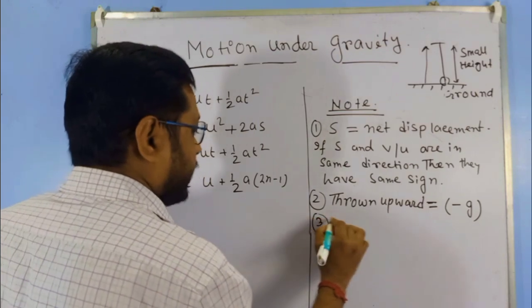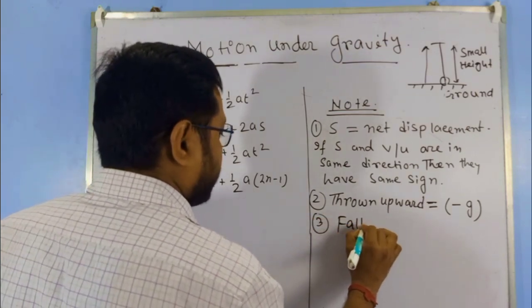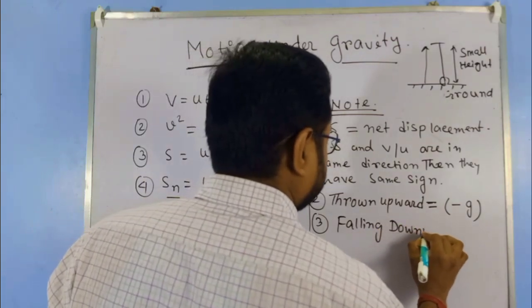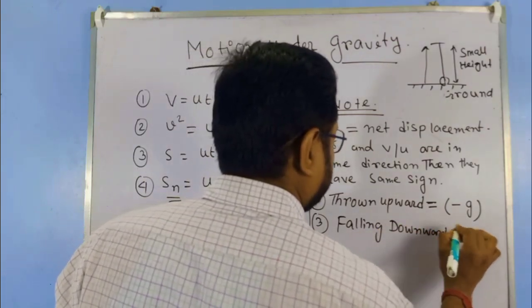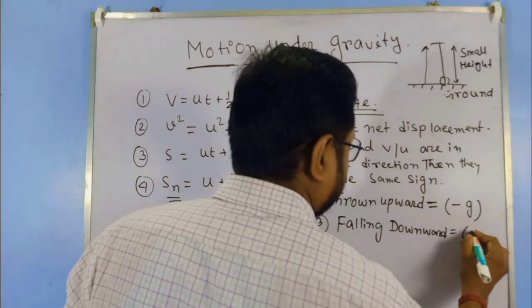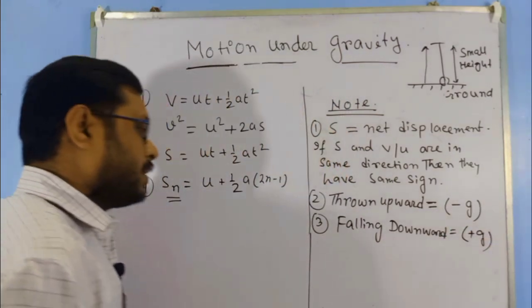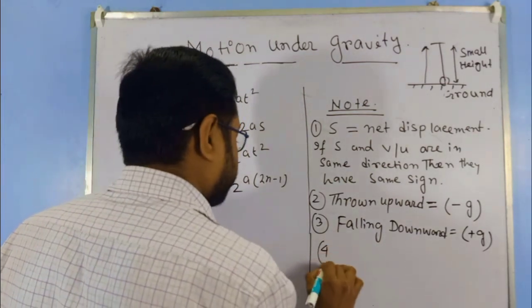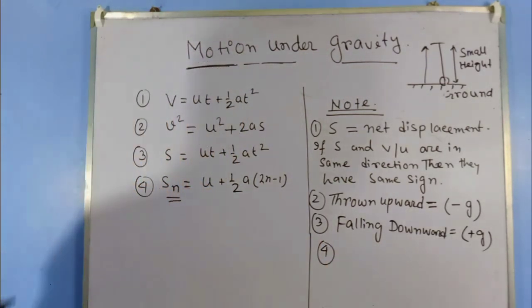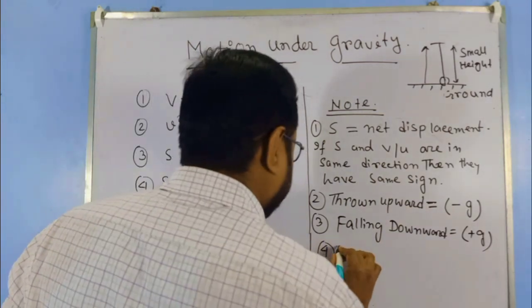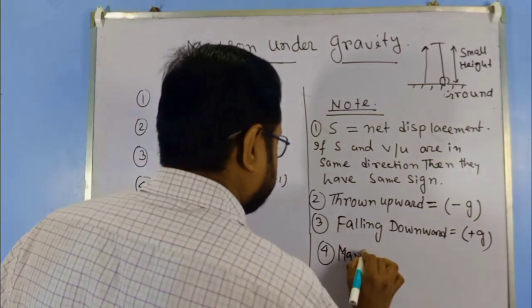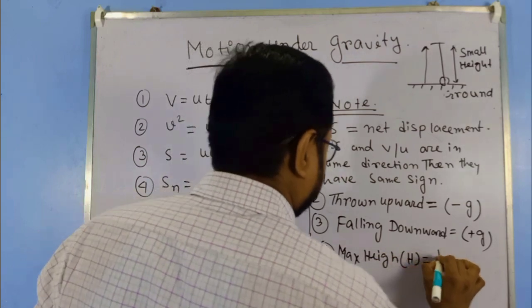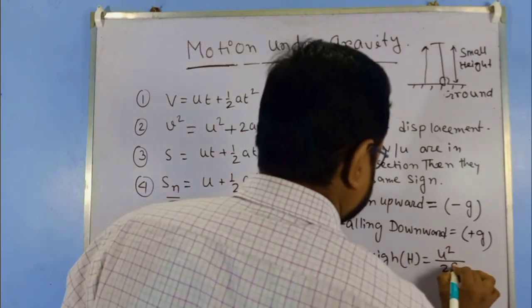But when the body is falling downward, we take it as plus g. So the maximum height reached is h equal to u square divided by 2g.